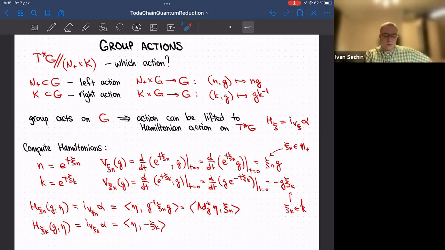The definition of V_xi is here. We should select a one-parametric subgroup in N plus, generated by an element of the algebra of N plus, and after that just compute the tangent vector.